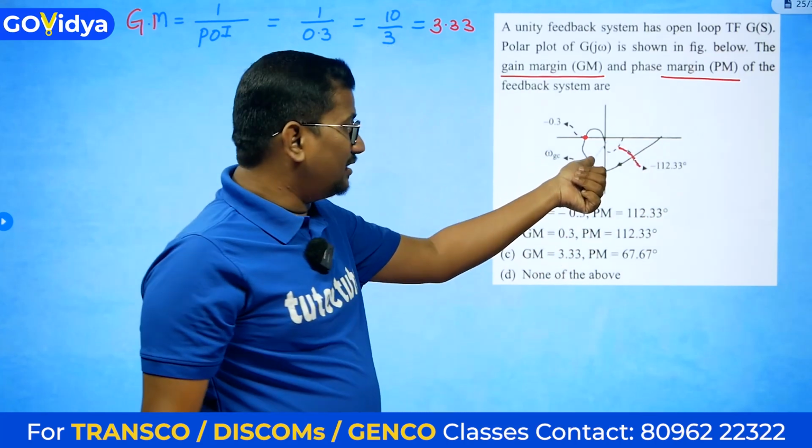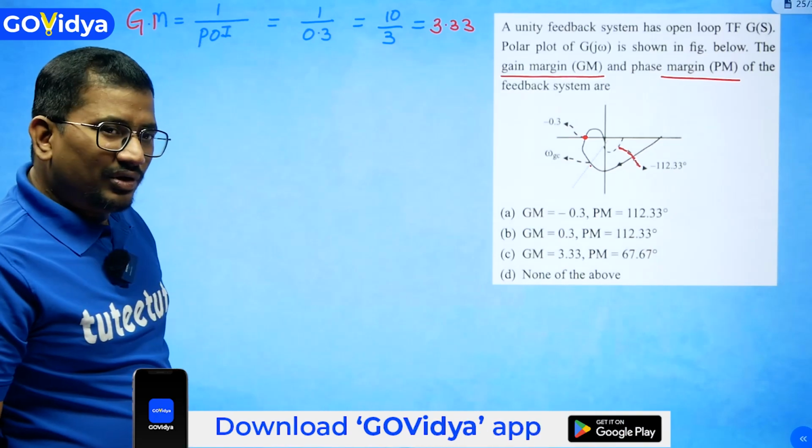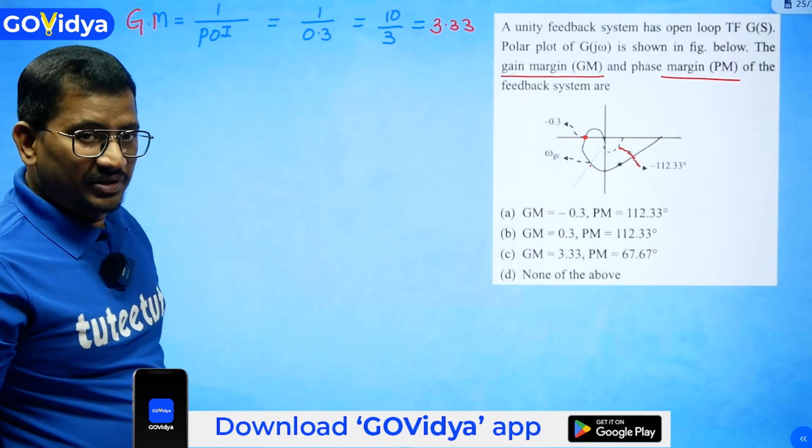On the other hand, they have given at what particular angle this plot has been drawn, at omega GC. Because the phase angle we are going to calculate at the gain crossover frequency only.